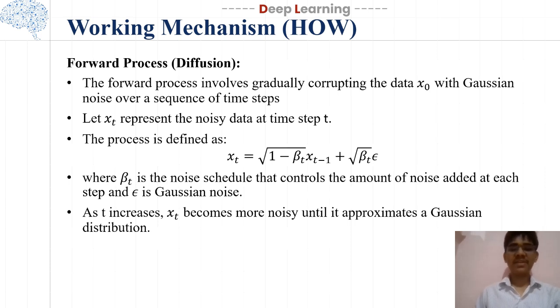As the time step t increases, more and more noise is added, and eventually xt becomes nearly pure Gaussian noise. So the forward process is basically turning a clear image into random noise. And the model's job is to learn how to reverse this process to bring back meaningful data.